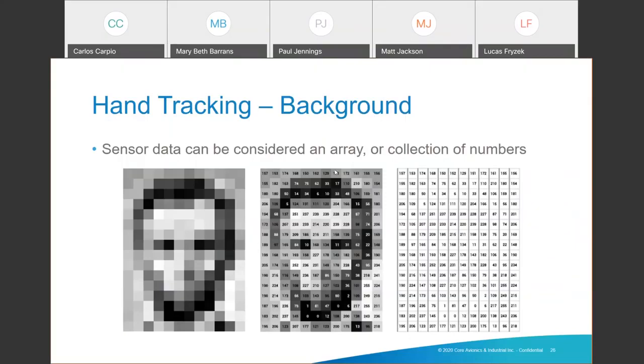These numbers typically represent pixel brightness, where 0 represents no brightness at all, and the max value, typically 255, represents the maximum brightness. So you have a range from black to white. Color images work the same way, but I'm going to focus on a black and white image to simplify things and make it easy to explain for the presentation.